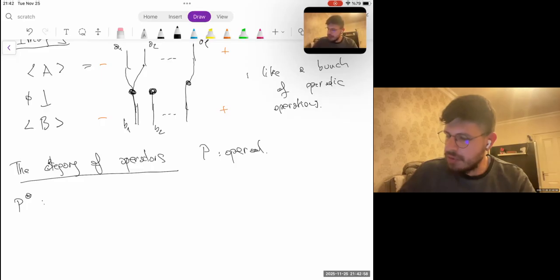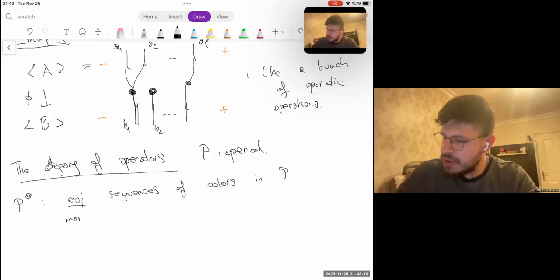This category of operators is a construction due to Peter May and Thompson. So this is a classical operadic construction. It has as objects sequences of colors in P, and as morphisms.